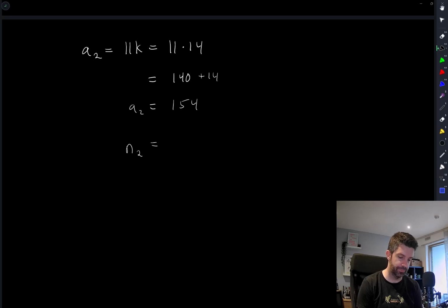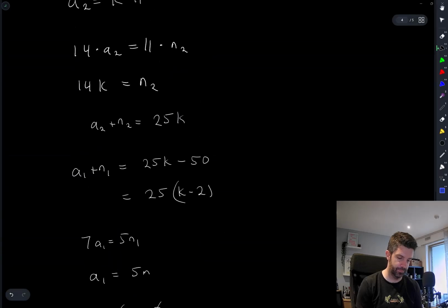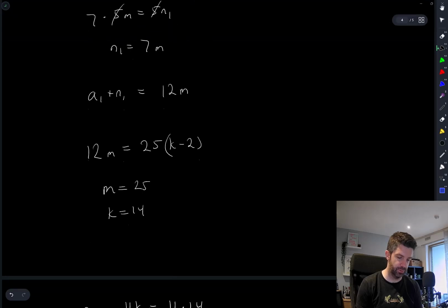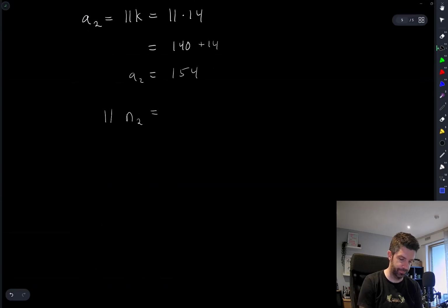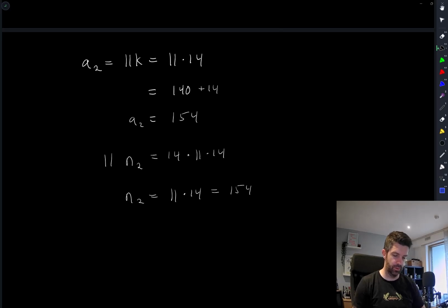So N2, we know that 11 N2 is 14 A2. So N2 is 11 times 14. Interesting, which is also 154. Okay.